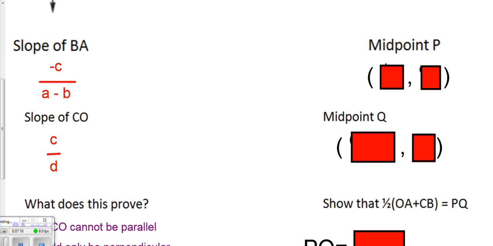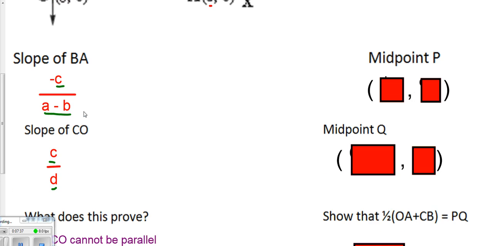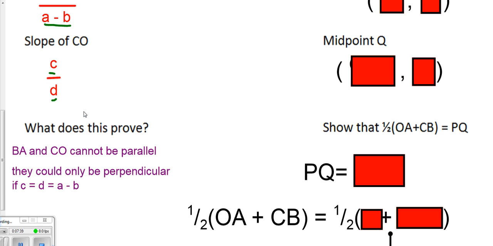D right here would have to be the same as C, and this C would have to be the same as this AB. So all of these amounts would have to be the same. This and this would have to be the same as this and this. If that were true, if they were all the same amount, then those lines would be perpendicular. But only if that is true.